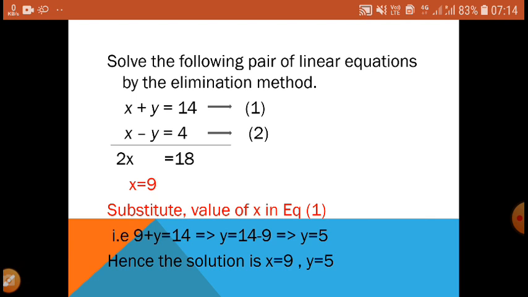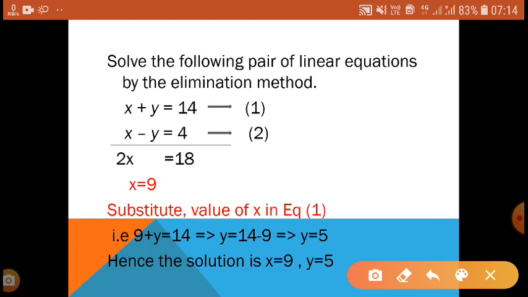Step 2 says we have to go for addition or subtraction. So here I go for adding. Why? Because for variable x and variable y, in one equation it is positive, and in the other equation it is negative. So if I add, they automatically become 0, meaning they get eliminated. That's why I go for adding.